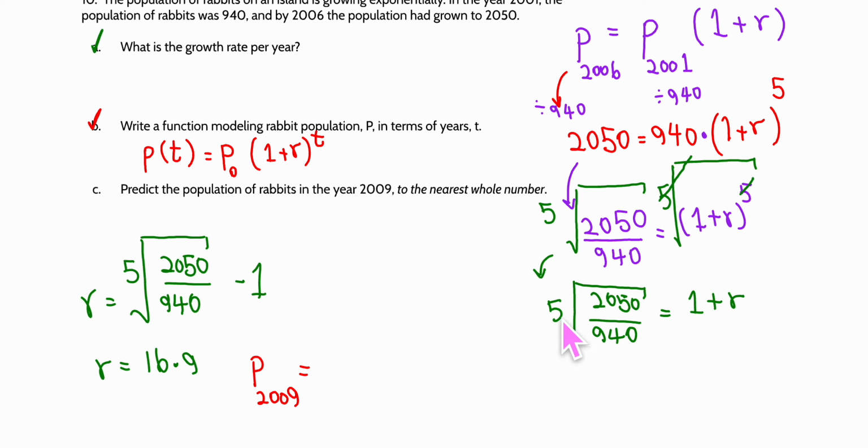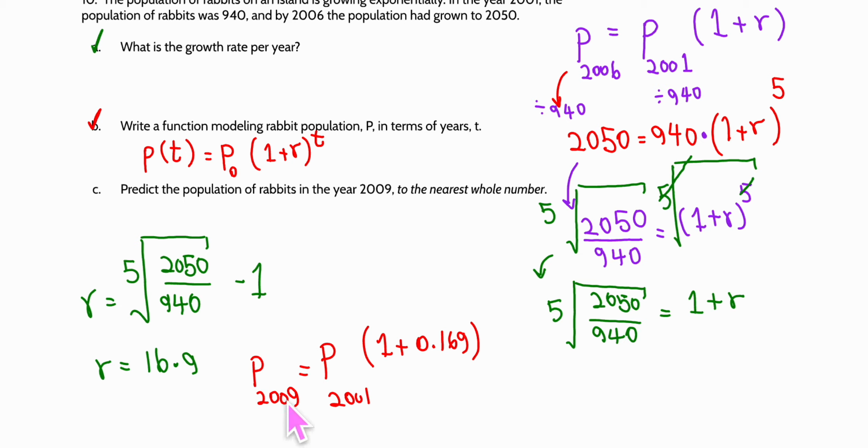So I'll rewrite the same formula. I say the population in 2009 comes from the population that we had in 2001 multiplied by 1 plus, the good news is that now we know what the growth rate is, 16.9, but this is percentages, so either divide it by 100 or write it as 0.169, to the power of however much time has passed by.